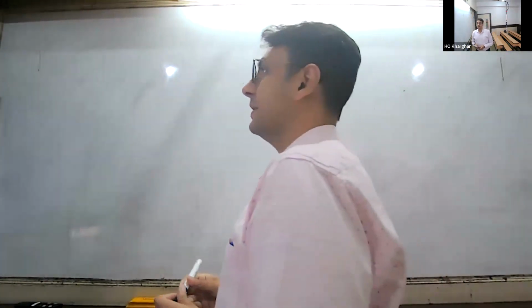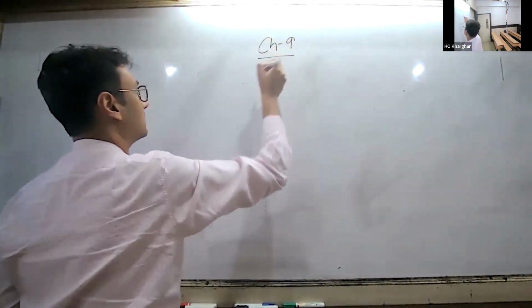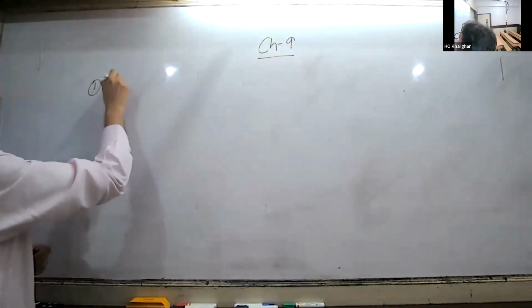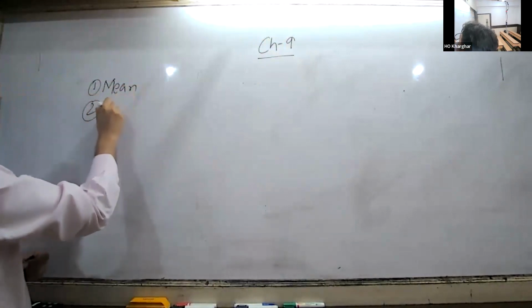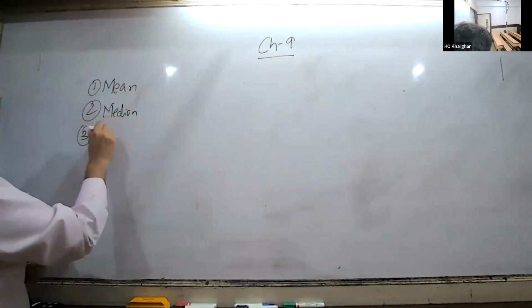Okay, got it. So what we're going to do today, first, this is chapter 9 from your maths book, and we are doing mathematics. My first agenda is to deal with mean. We'll try and understand median. We'll try and do mode today.